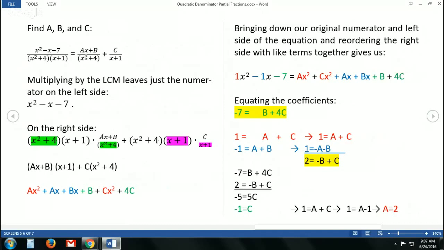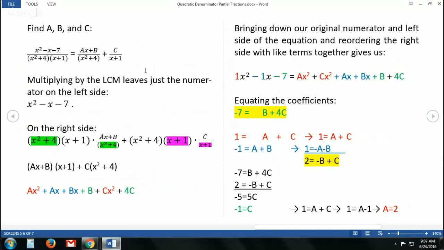Now, this one was quadratic, a degree of 2, so it needs a linear numerator, ax plus b. This denominator is linear, so it can have a constant value for its numerator. Now, that is our partial fraction decomposition set up for us.